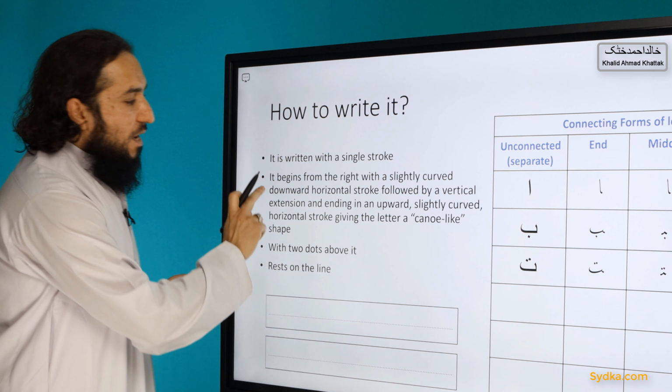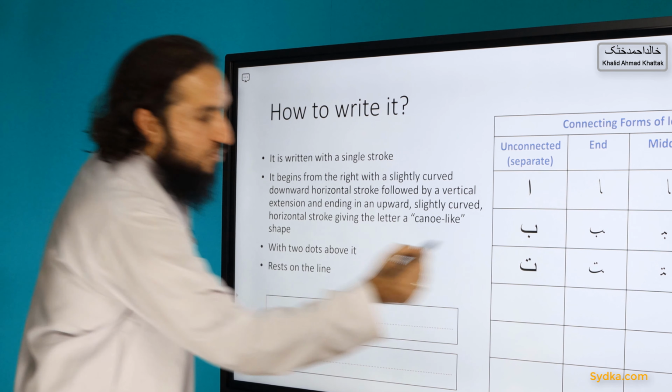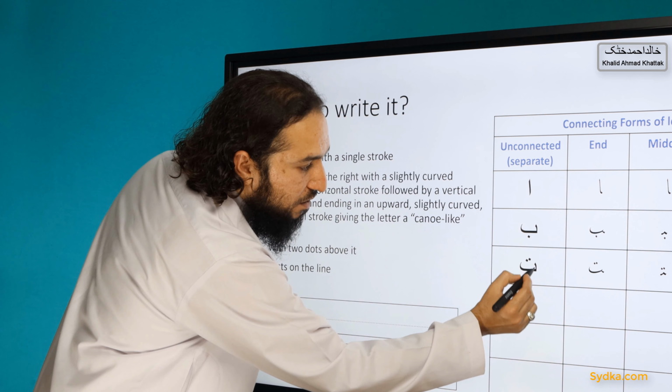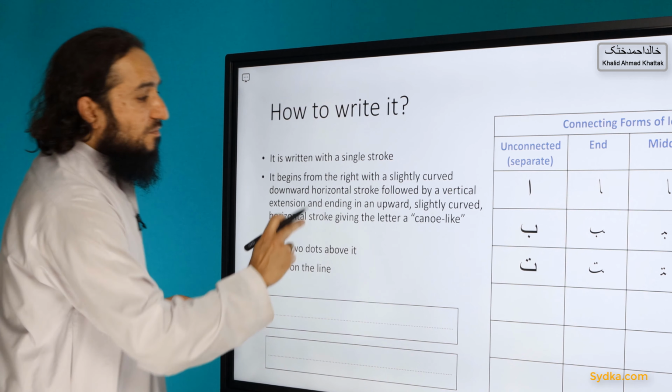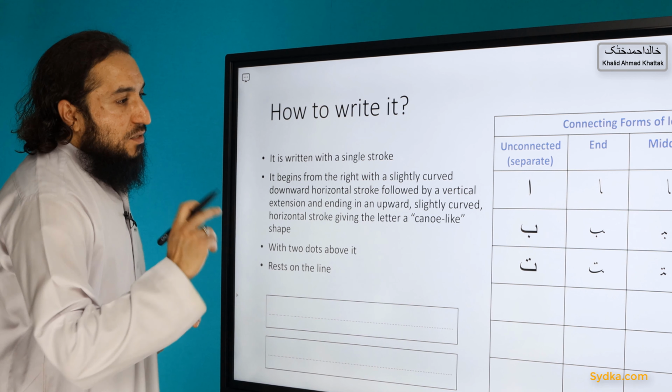How it is written. This is exactly the same way it's written as Ba, but we will just explain it briefly, and then we will do the practical part. It is written with a single stroke, and it begins from the right, slightly curved downwards, a horizontal stroke, followed by a vertical extension ending upward, slightly curved.